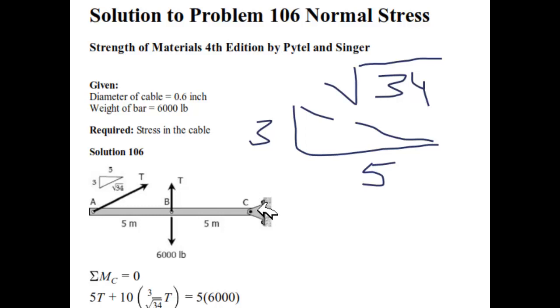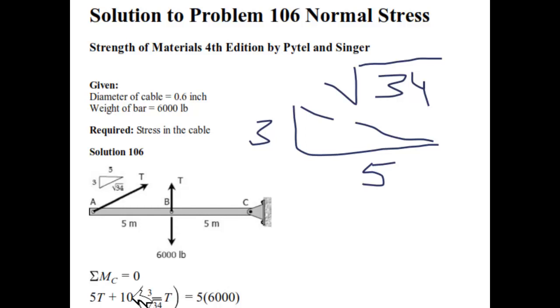You know that moment at C equals 0, which is equal to 5, the moment arm, into T, the force, plus the total 10 into 3 divided by under root 34 into T. This is your 5 into T plus total length, that is 10, into 3 divided by root 34 into T, should be equal to 5 into 6,000 pounds.